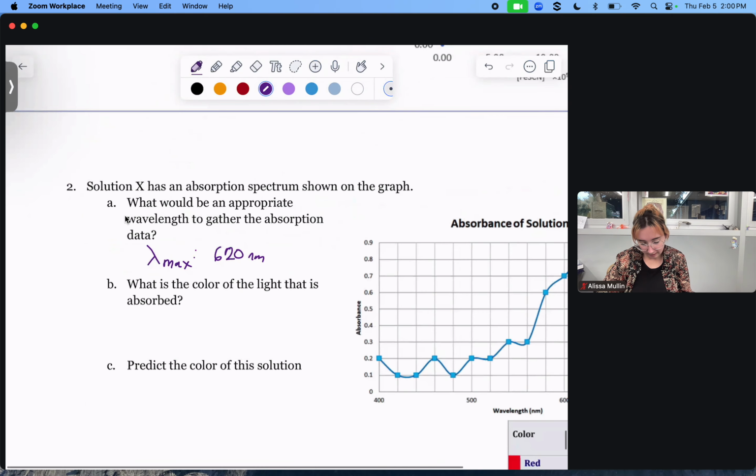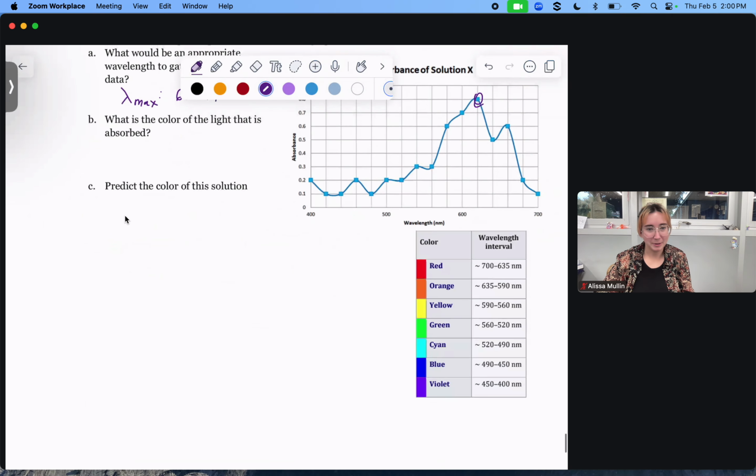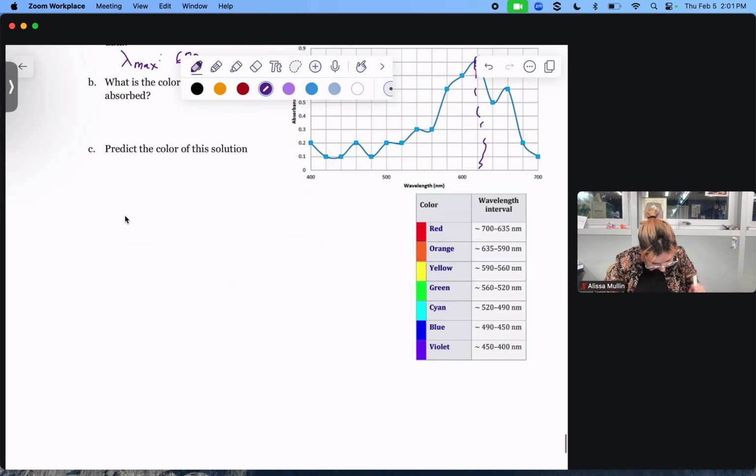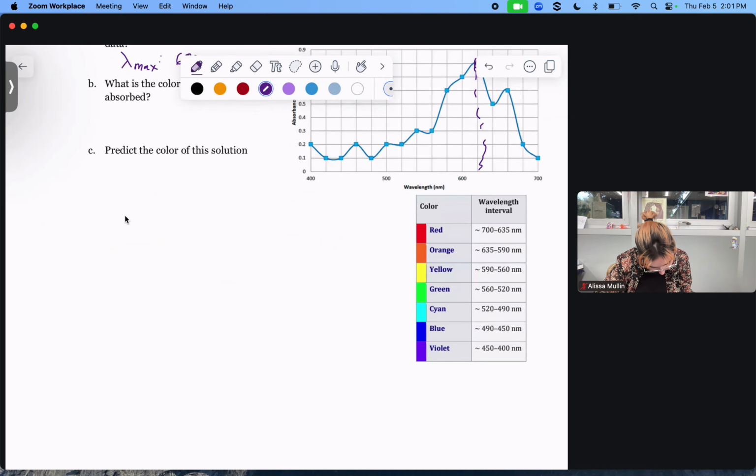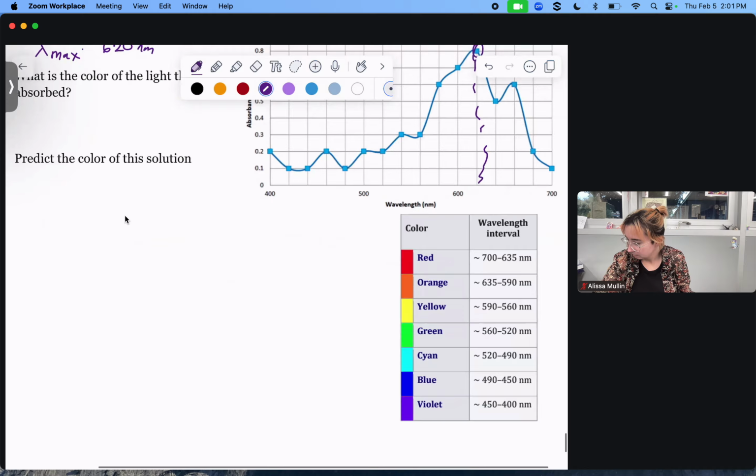And then a concept, maybe you've heard, maybe you haven't, is that the color our eyes see is opposite, complementary to the light actually being absorbed. Some light is absorbed, and then the not absorbed, reflected light is what your eyes see. So this graph says it absorbs in this range, like 620, and that is in the orange range.